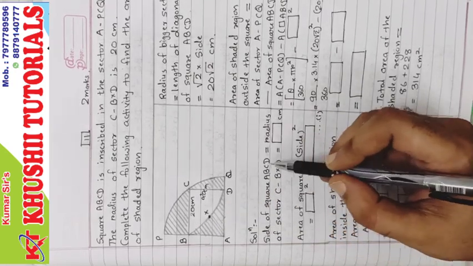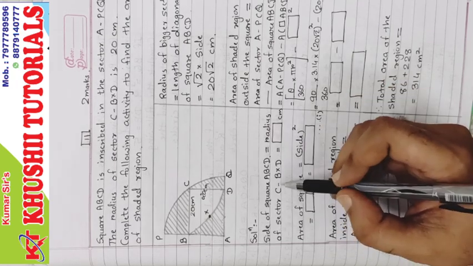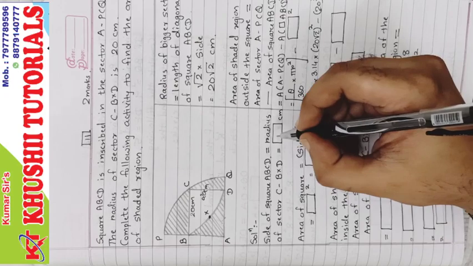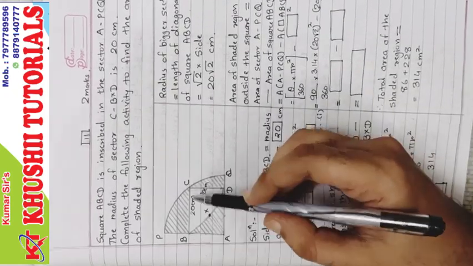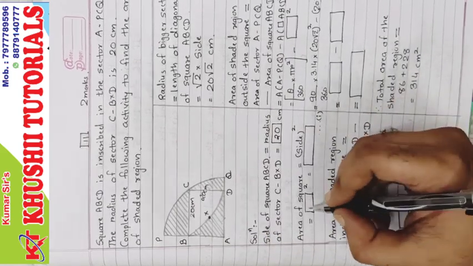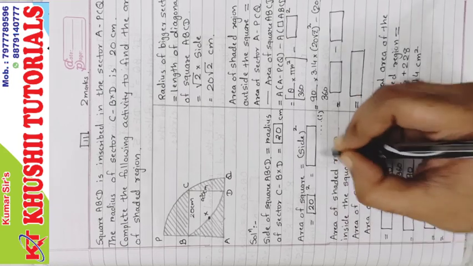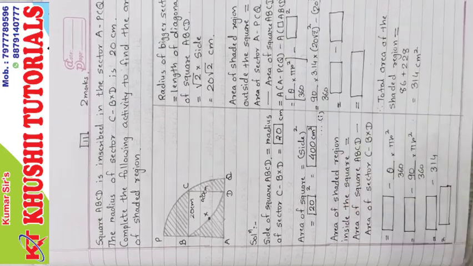Side of the square ABCD equals the radius of sector C' BXD equals 20 centimeter. Now area of the square equals side square, which is 20 square, equals 400 centimeter square.